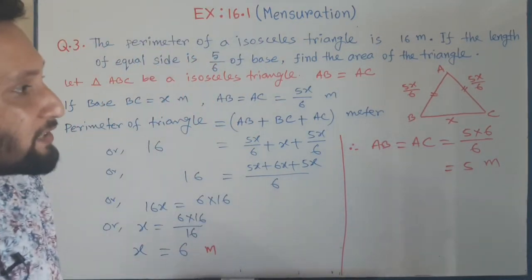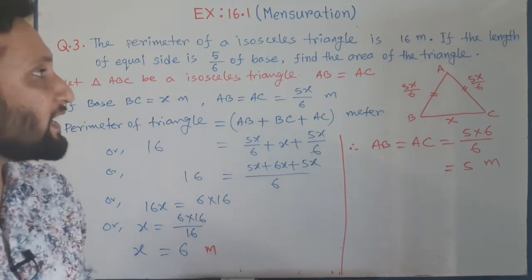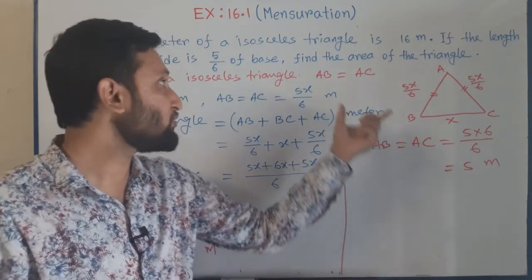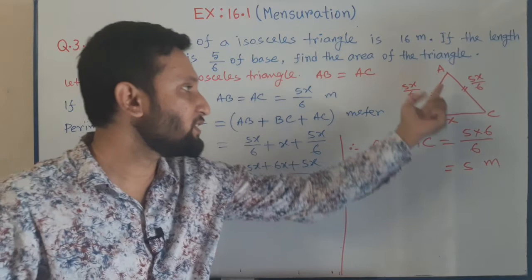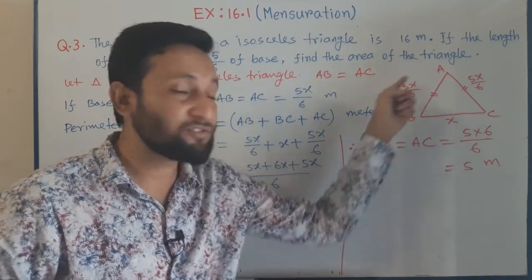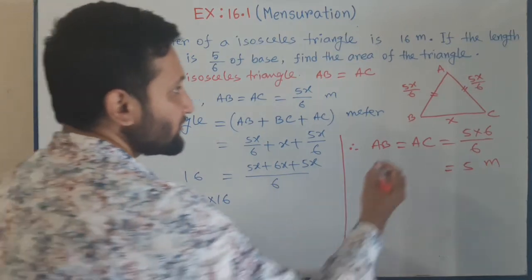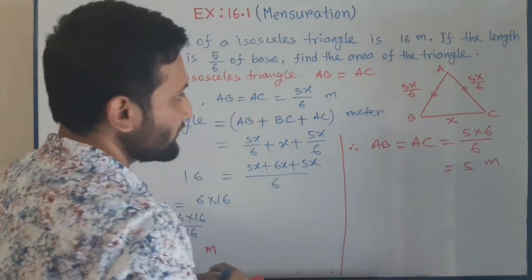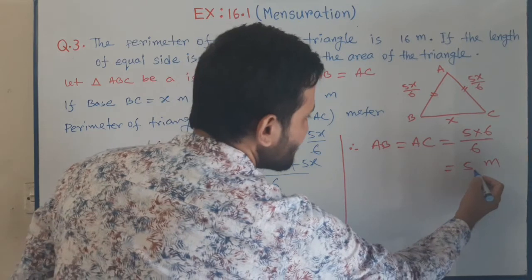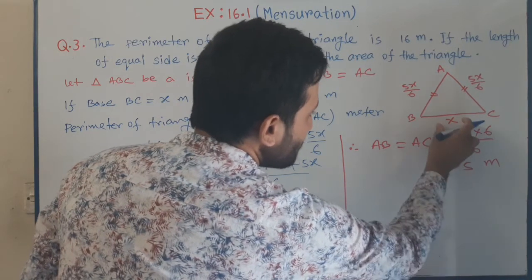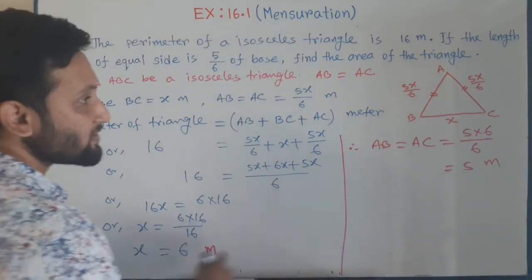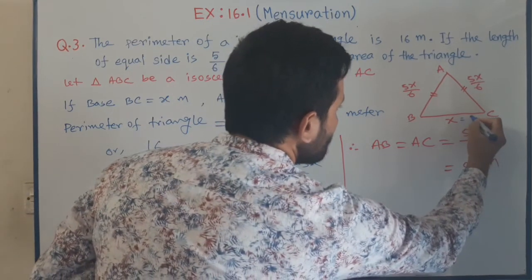Now we can easily find the area of this triangle, because according to the question we have to find the area of this triangle. This is an isosceles triangle. The base x is 6, so this side is 6 meter.